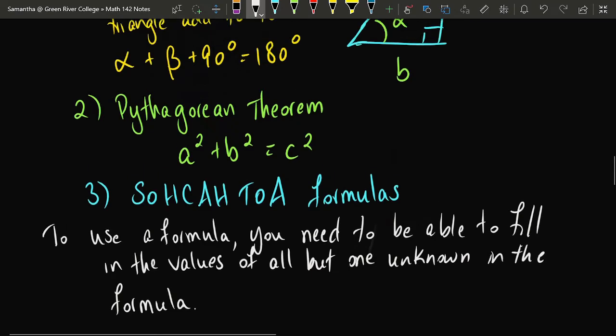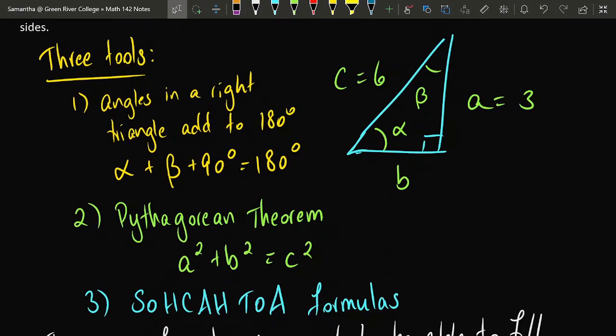For example, it would not currently be appropriate for me to try to use this formula alpha plus beta plus 90 equals 180 degrees, because at the moment both alpha and beta are unknown, so I would have two unknowns in this equation.